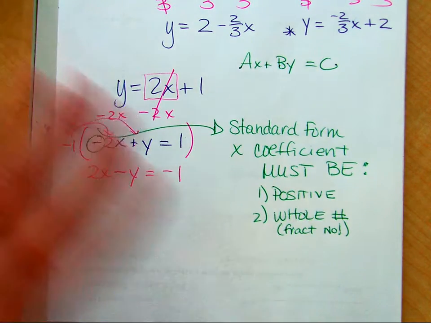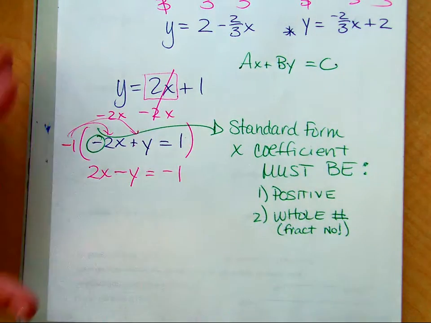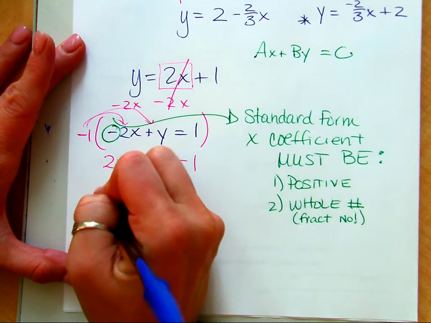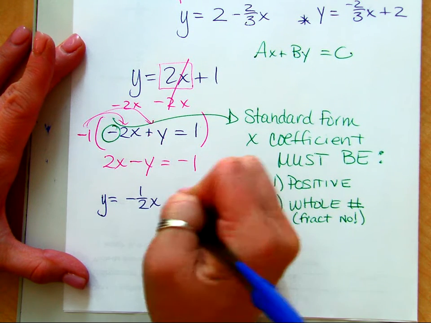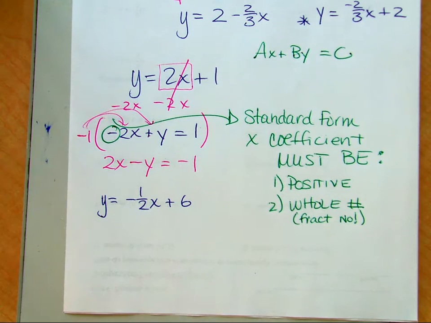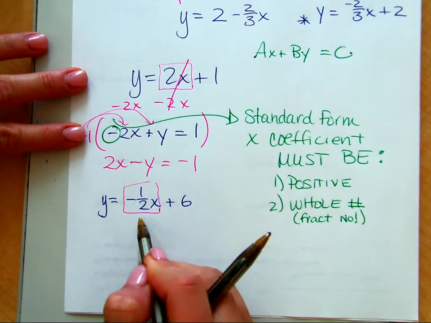Let's do another one. So you have to make sure that it's positive and a whole number. So y is equal to -1/2 x plus 6. So I need to get this x gone.